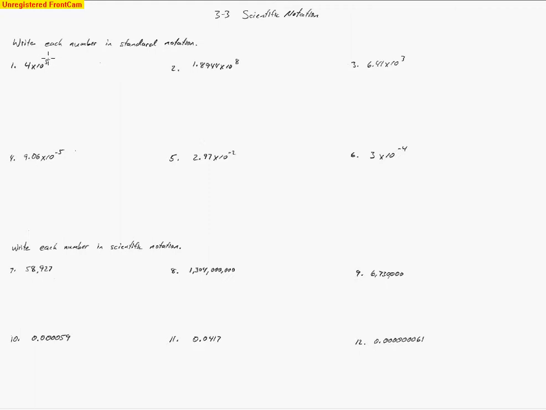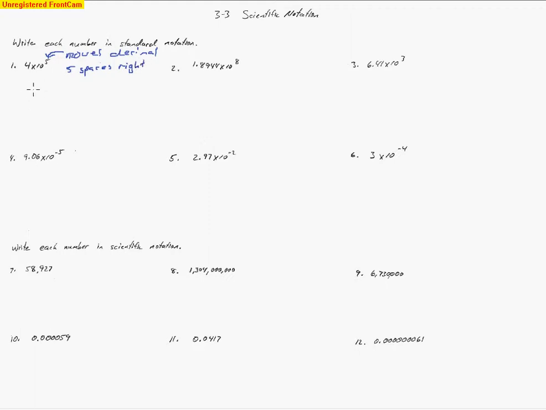So basically this 5 here moves the decimal 5 spaces. Now the problem is we've got two ways to move a decimal. We can either move it to the left or to the right. Well, if it's a positive 5, it's going to move it to the right. So moves decimal 5 spaces right is what that's going to end up doing.